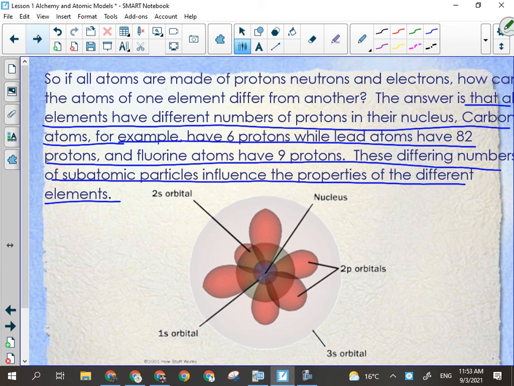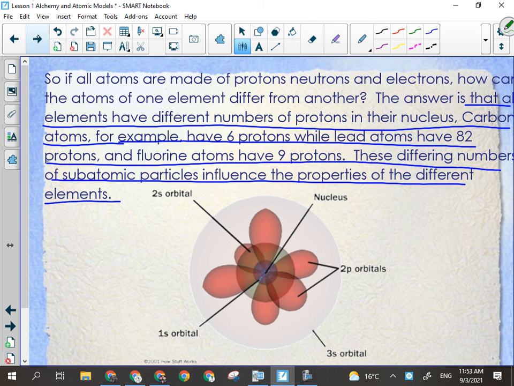All right, other thing we talked about yesterday. So Dalton said that the atoms of one element are all identical. The atoms of different elements are different. Okay, that is true. And it's also what determines the properties of each element. Okay, so if I'm looking at a lump of sodium, okay, sodium is a soft, silvery, highly reactive metal.